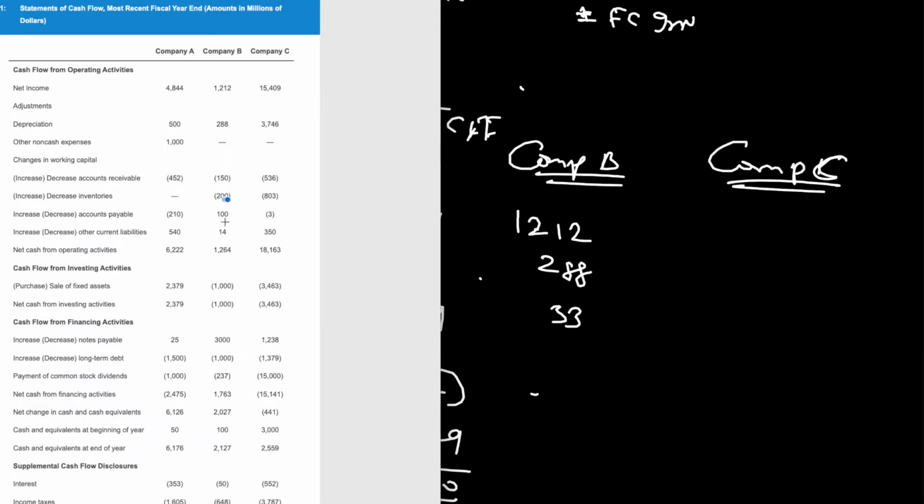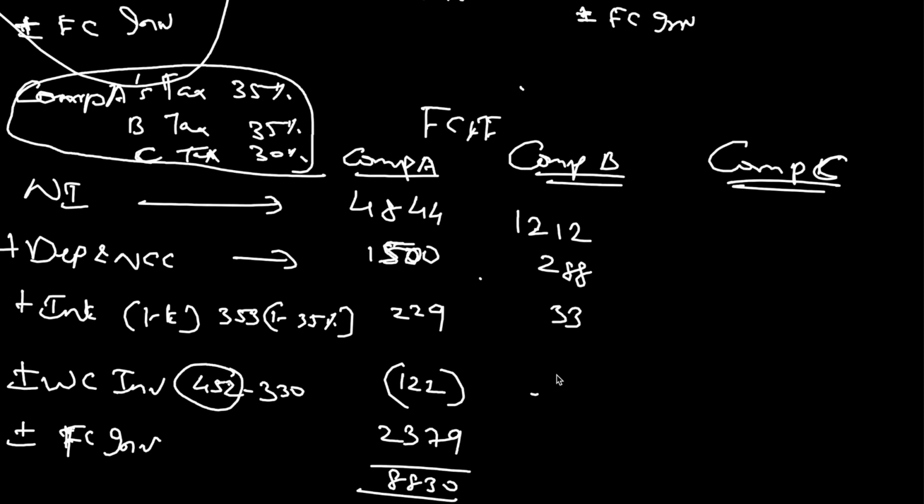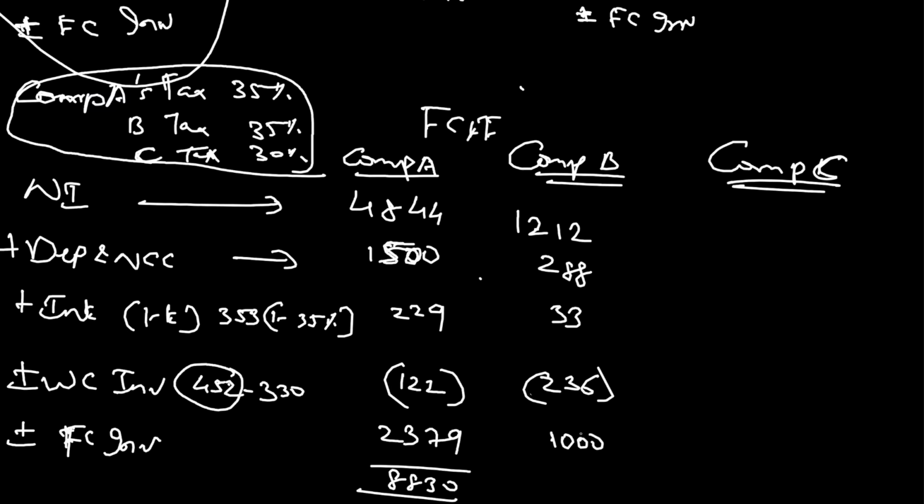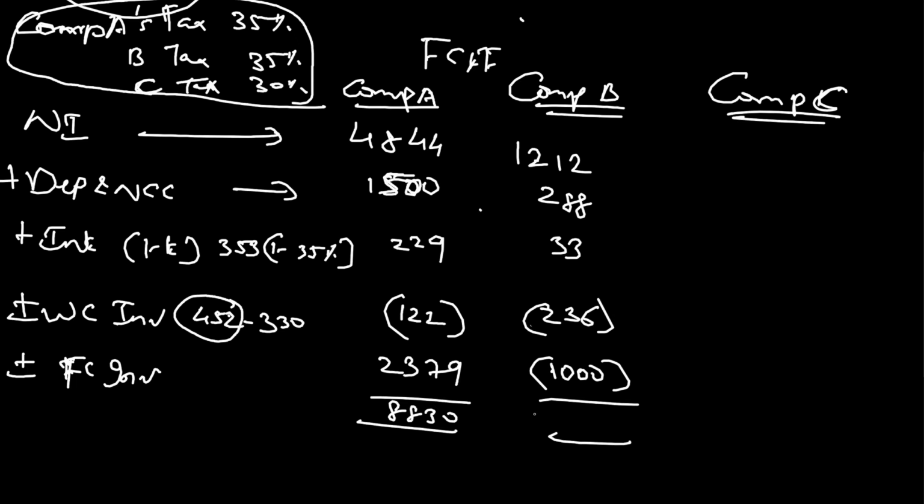So 350 minus 114, 236 it comes to, and I'll take the bigger number's sign, that is minus here. So minus 236. Then fixed capital investments is 1000 minus, so if I calculate, all this will come to 297.